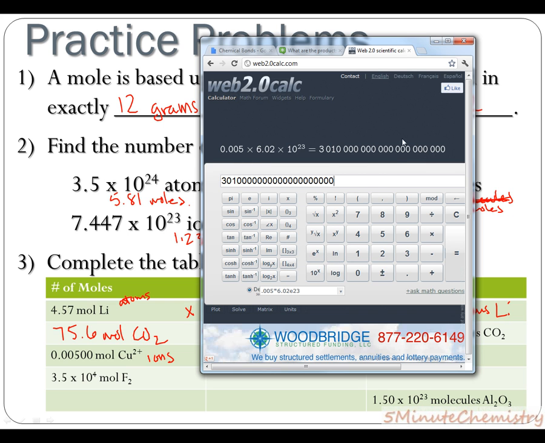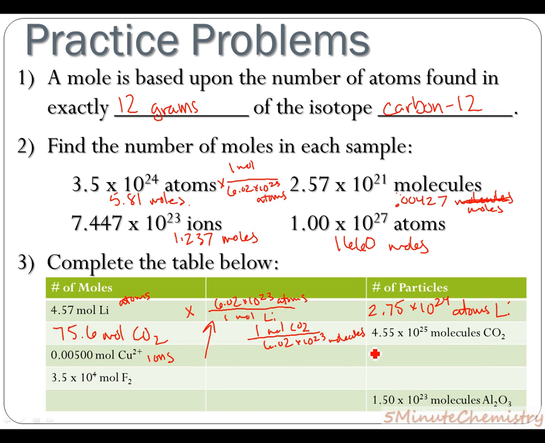Yeah, 3, 6, 9, 12, 15, 18, 20. So 3.01 times 10 to the 20. And recall that these are ions of copper 2+.